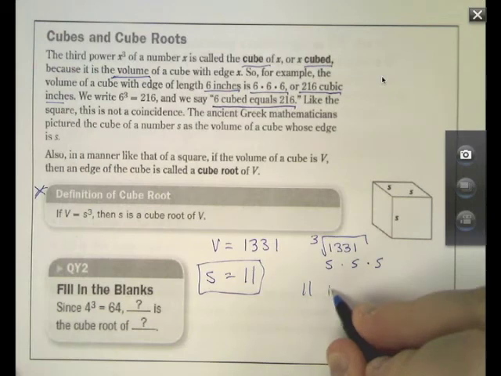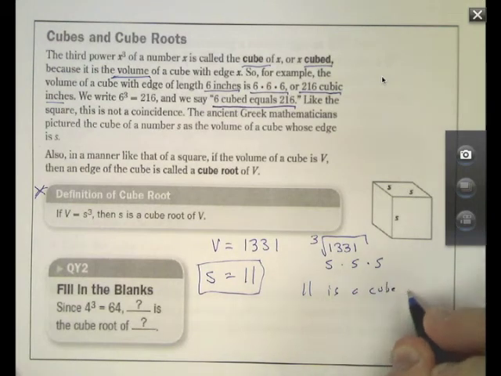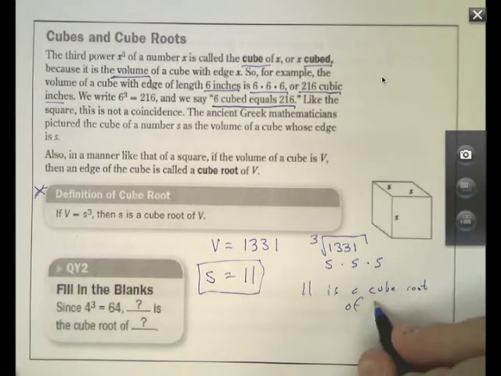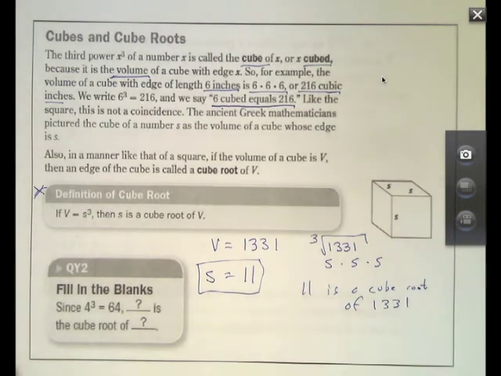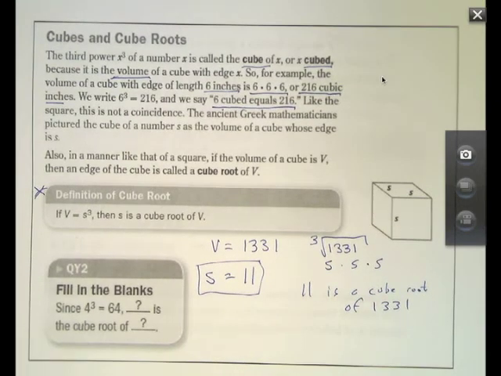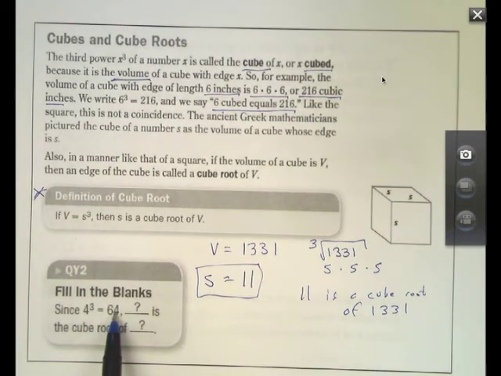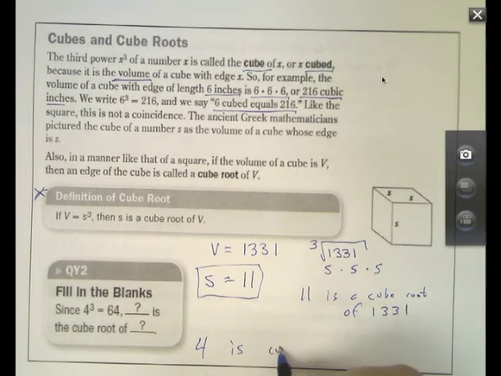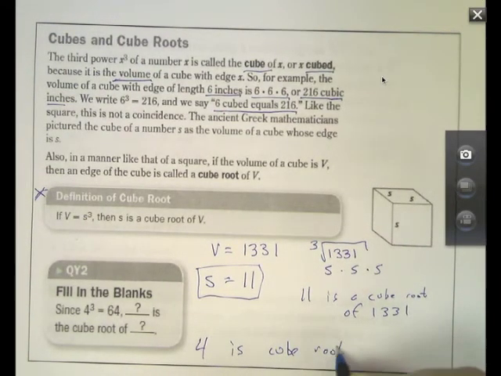It says the definition of a cube root: if v equals s cubed, then s is the cube root of v. So in this case, 11 is a cube root of v, which in this case was 1,331.